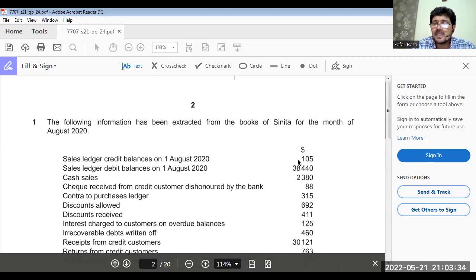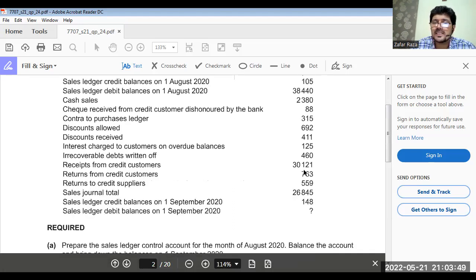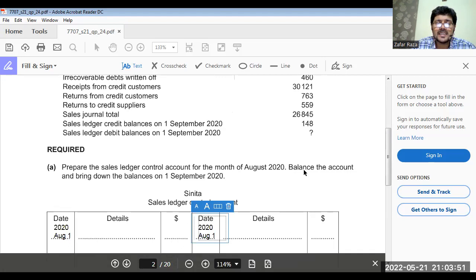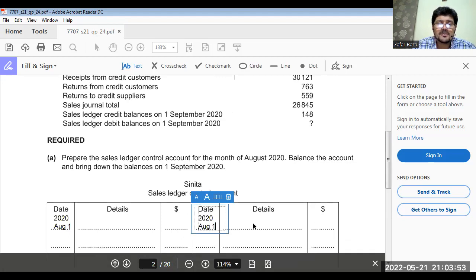This is the credit opening balance. This might be because of advances we have received, or one of the customers has returned us goods after clearing all the dues. He has returned goods, so we have a credit balance in the sales account. So that is going to be reported over here.